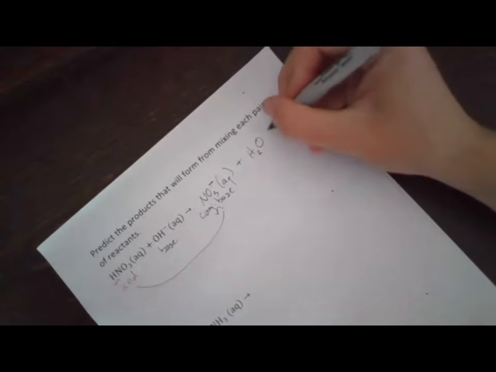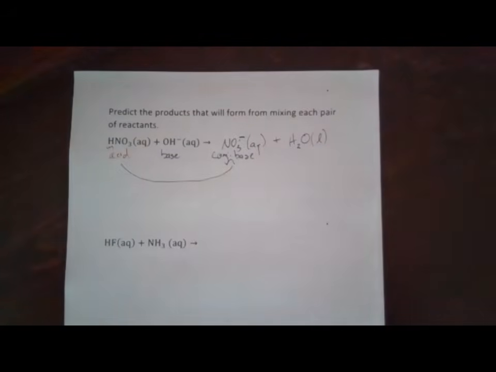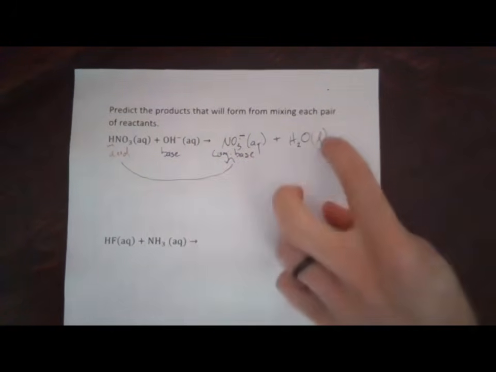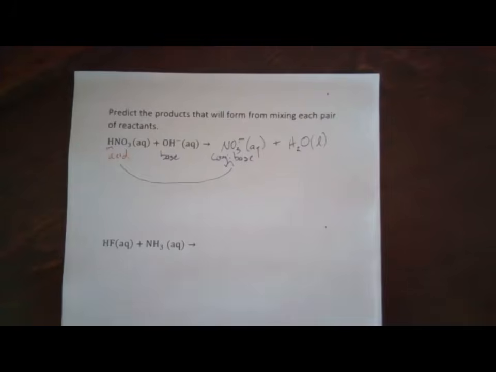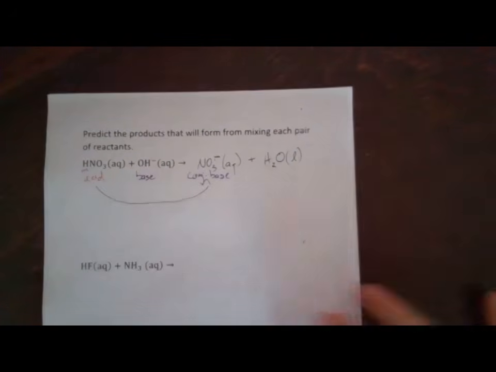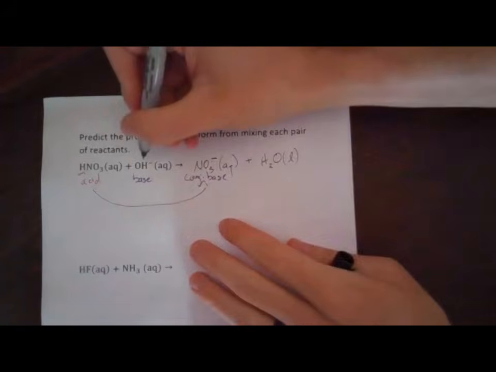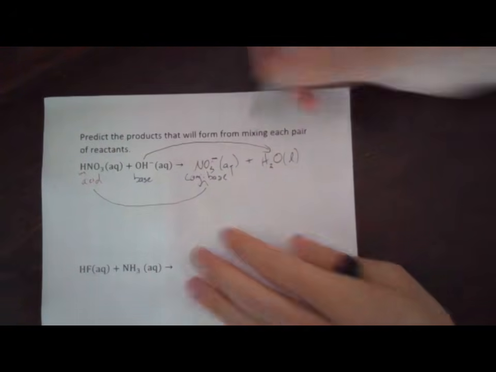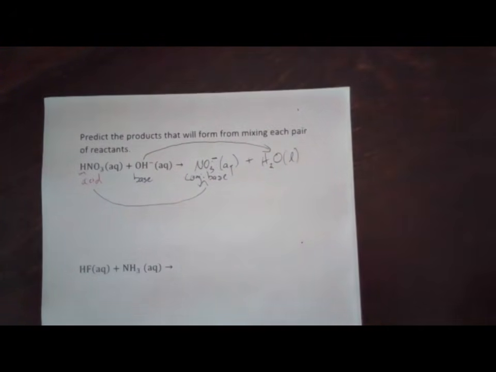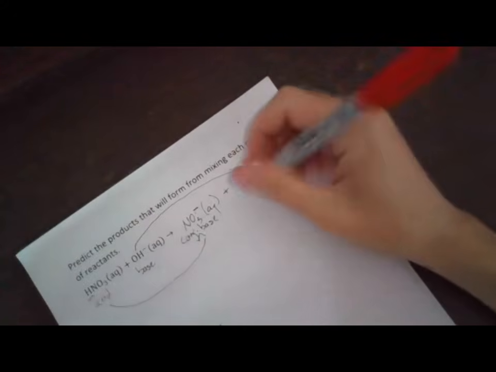We want to be careful: the phase on that is a liquid. That is one of the more common issues with acid-base reactions. You go to write your phases, aq, aq, aq, aq, but water is not dissolved in water. It just is the liquid. Going from OH to H2O, water is the conjugate acid of hydroxide.